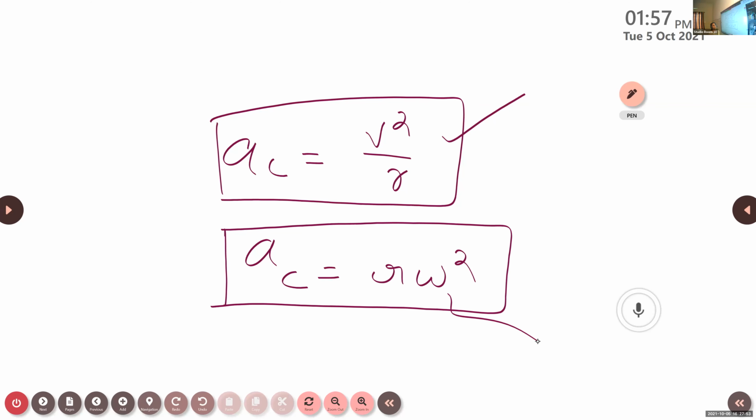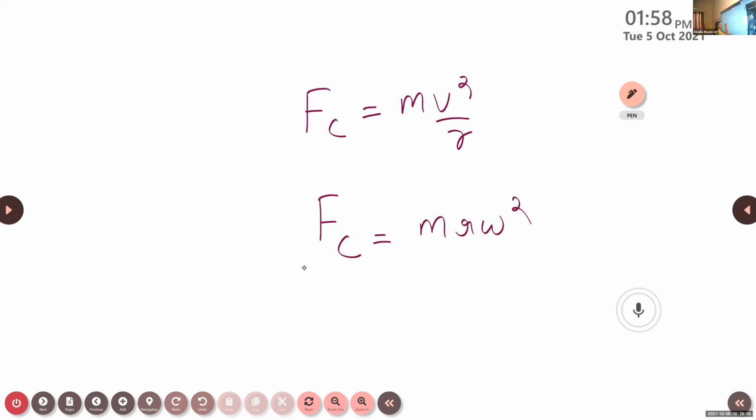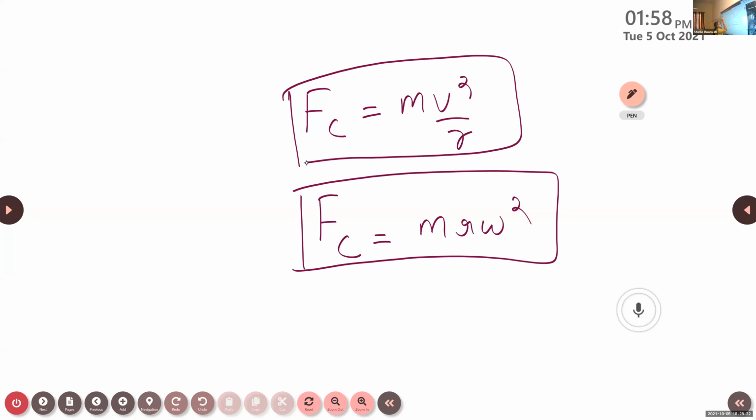Similarly, for centripetal force we have two equations: F_c is equal to m v square by r in terms of linear velocity, and in terms of angular velocity, F_c is equal to m into r omega square.